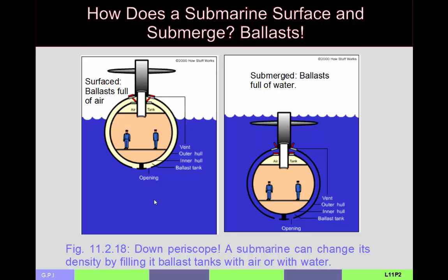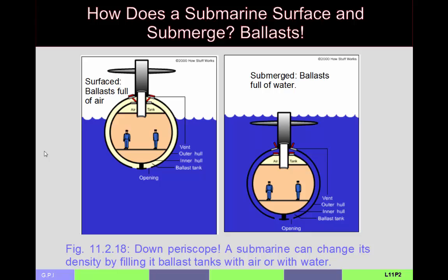And then if you decide that you want to surface the submarine, then you pump the water back out of the ballast and it refills with air. There's usually a tank that you pump the air in or out of, and then you can pump the air back into the ballast or mechanically pump the water out of the ballast and then allow it to refill with air. And when this is filled with air instead of water, then the density of the submarine as a whole is less than the surrounding water, and so it floats.